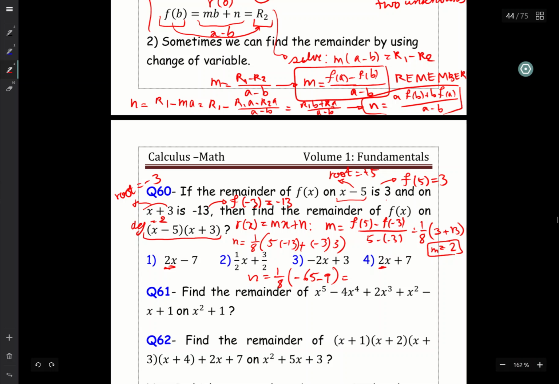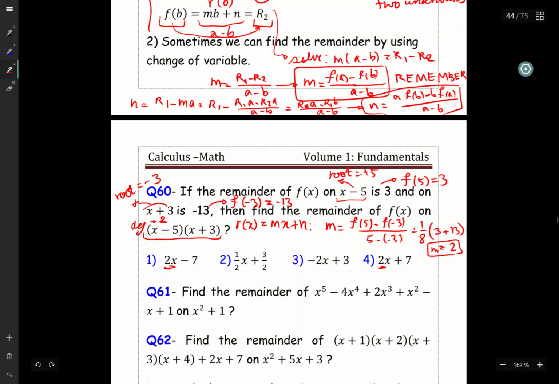In the original formula, yes. So for n, there was a minus sign that we forgot. So it becomes r2 times a minus r1 times b divided by a minus b. And r2 was f of b. So we end up with a f of b minus b f of a. However, I guess in order to not make a mistake, it's better to just go ahead and evaluate this.